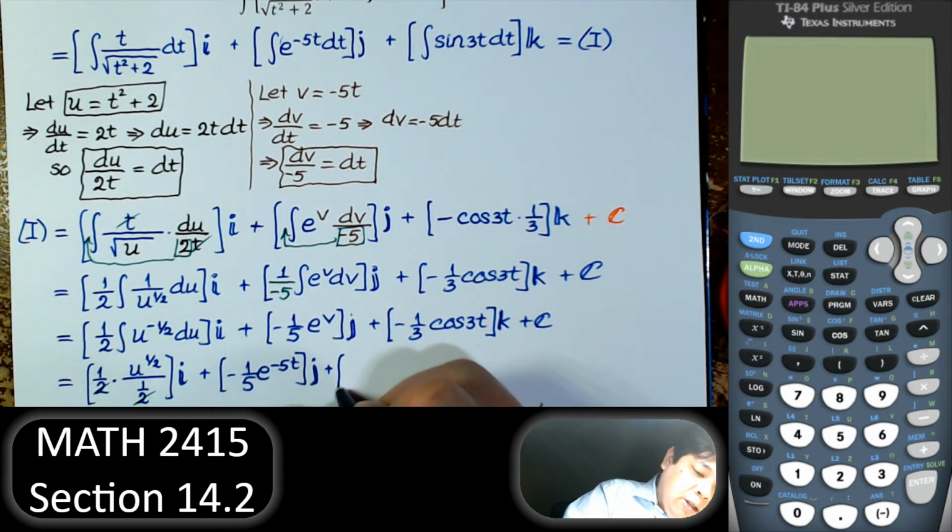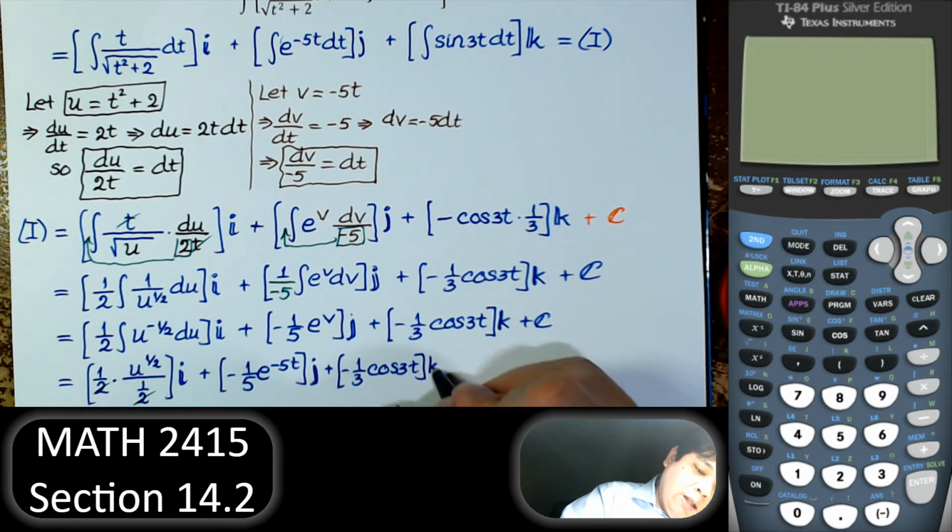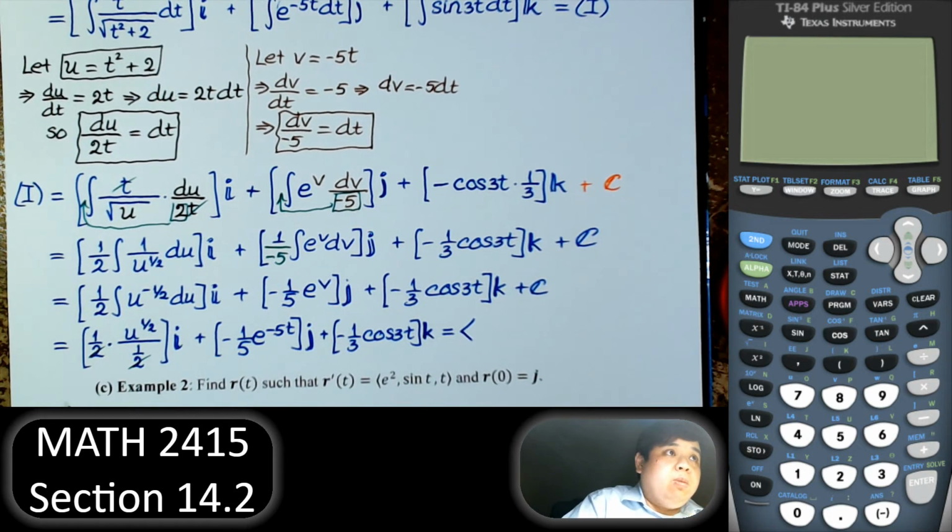And then plus negative 1 over 3 cosine 3t k. I can put this in component form.